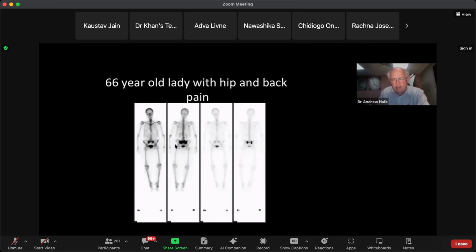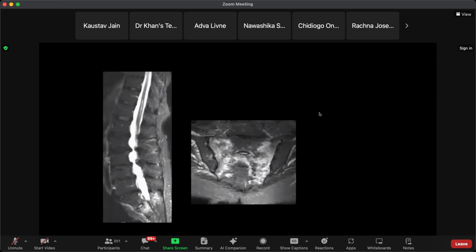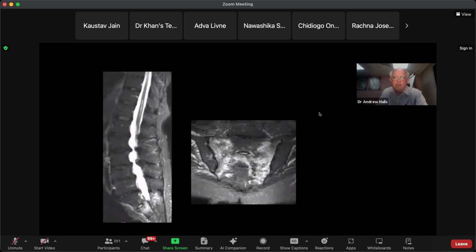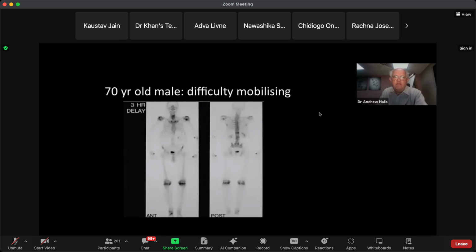You always get a bit of increased uptake in the sacrum, but Sign. Absolutely, yeah. So there it is, obviously in the MRI, but it often initially shows up, in fact, on a bone scan. Now, could you just tell me why this person is not walking around very well?